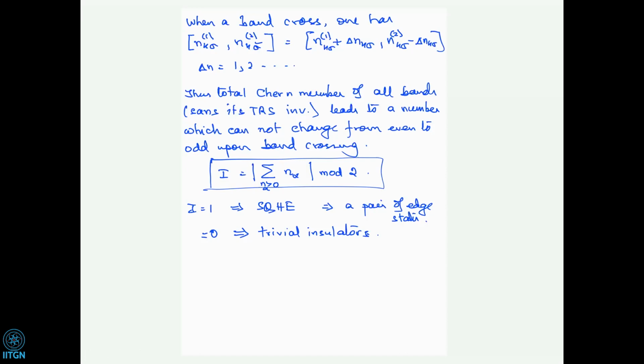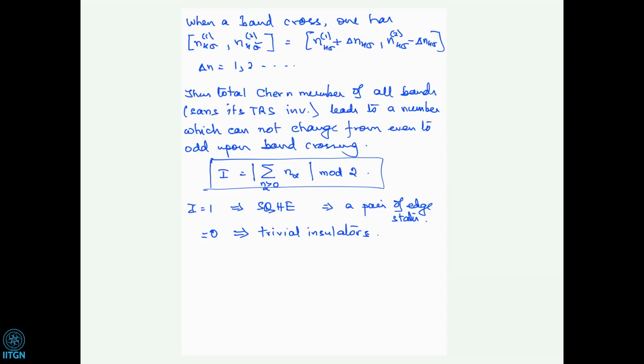Another way to understand this is that if you have such crossings, if there are 2 such crossings in your Brillouin zone, okay, then what happens is that, I'm just considering 2 crossings at k01 and k02. I'm not counting the ones which will also be there at -k01 and -k02. So if these are there, then I can tweak essentially band parameters.